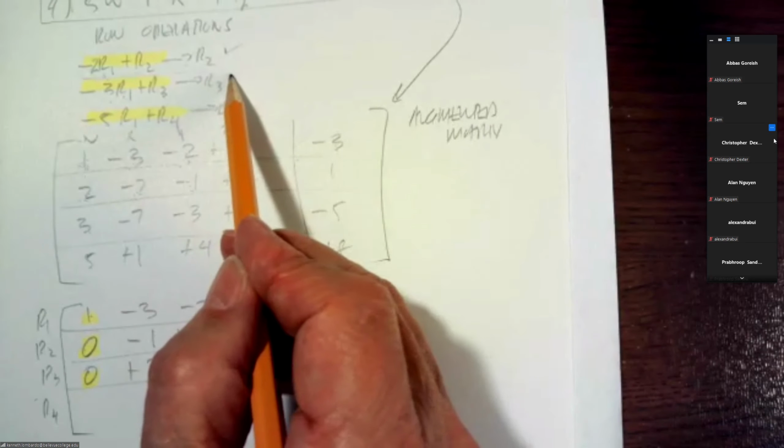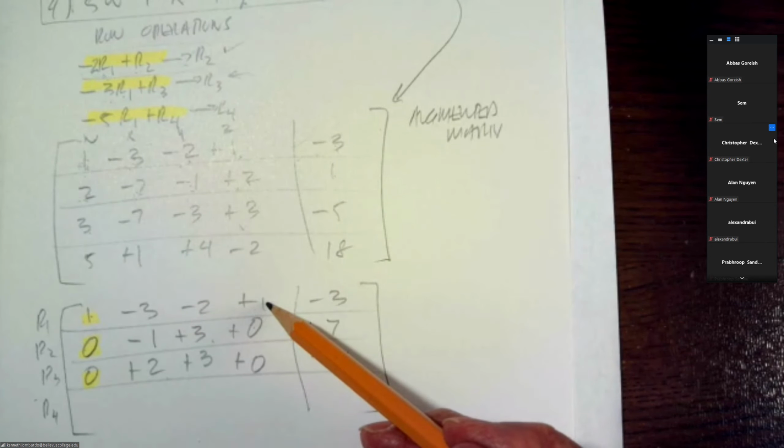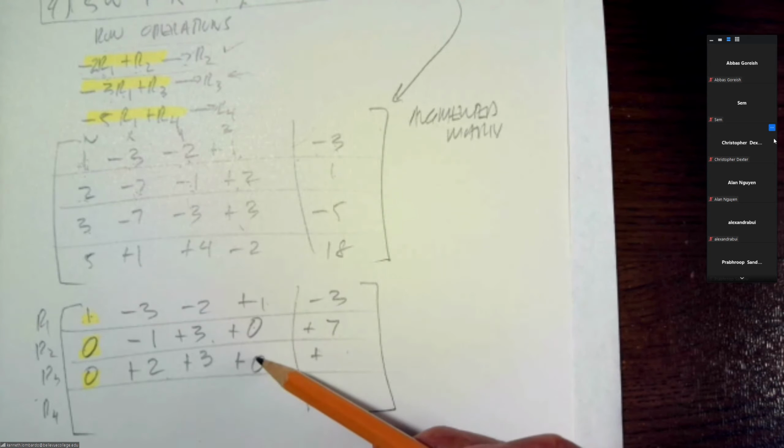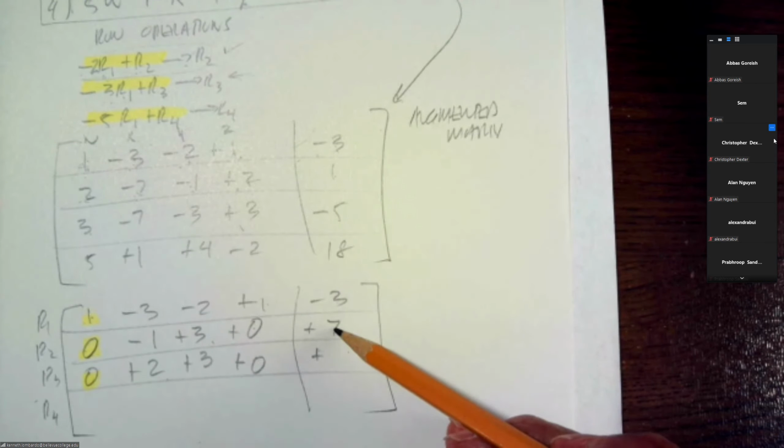Remember, we're doing this operation here. -3 row 1. So it gives me a -3. Plus row 3. -3 here gives me a 9. And over here, what do I get?